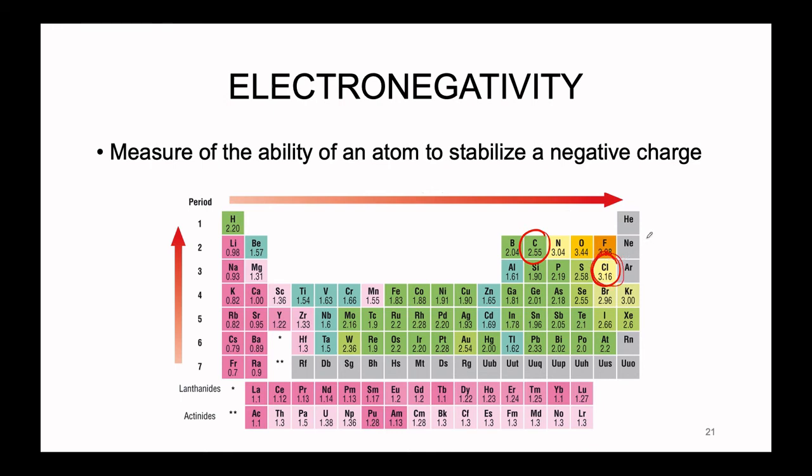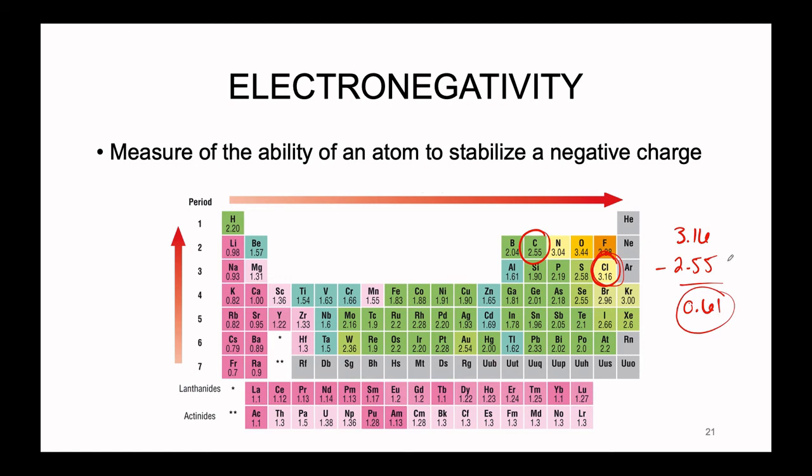The question is, is this difference enough to make an actual polar bond? Well, chlorine's electronegativity value is 3.16, and we're going to calculate a difference from carbon's electronegativity value. The difference between 3.16 and 2.55 is equal to 0.61.